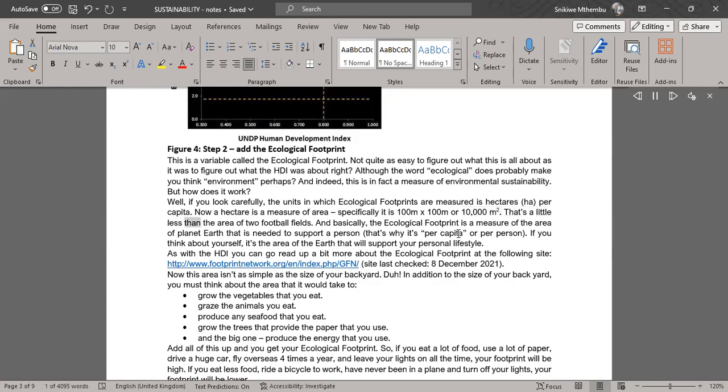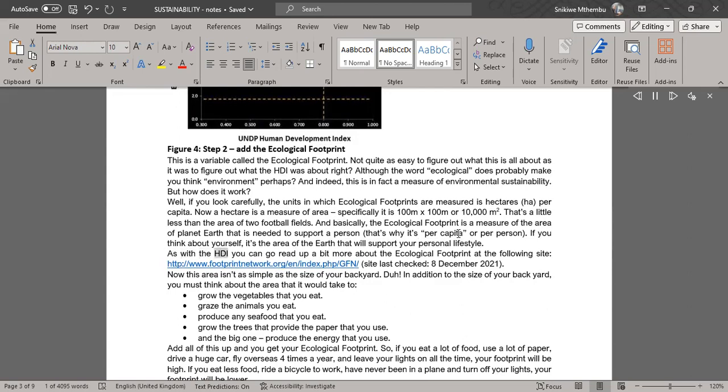That's a little less than the area of 2 football fields. And basically, the ecological footprint is a measure of the area of planet Earth that is needed to support a person. That's why it's per capita or per person. If you think about yourself, it's the area of the Earth that will support your personal lifestyle.